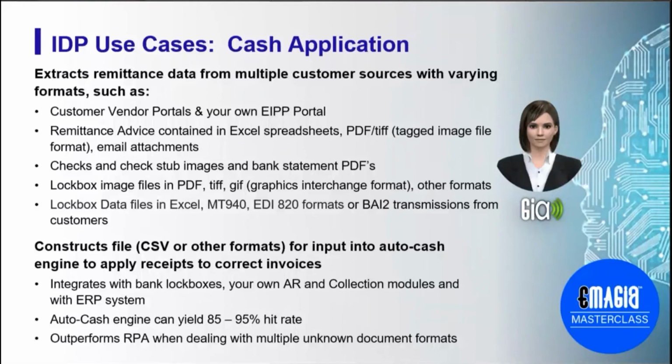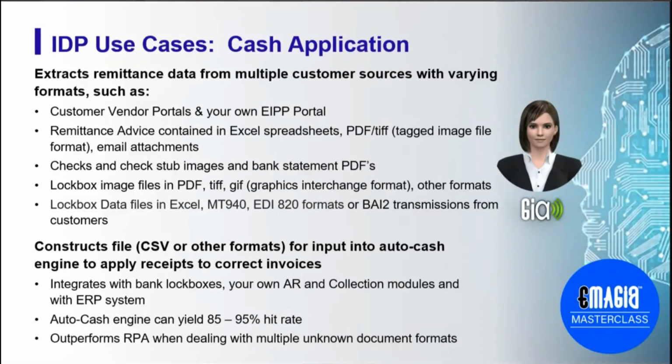So it gets to learn by individual customer how they present this data. Again, it extracts that data and populates a file, which can then be just run through your AutoCash engine and used to apply the cash.